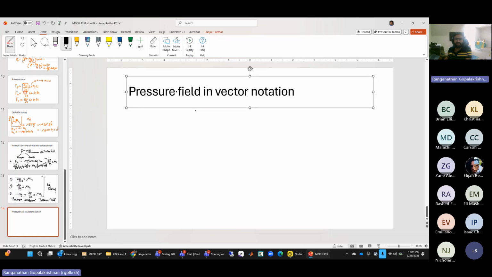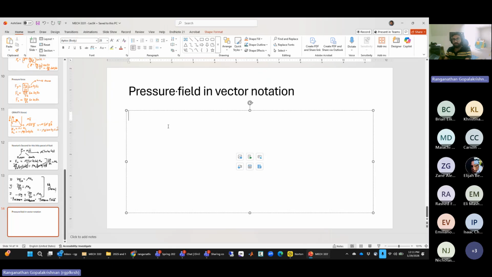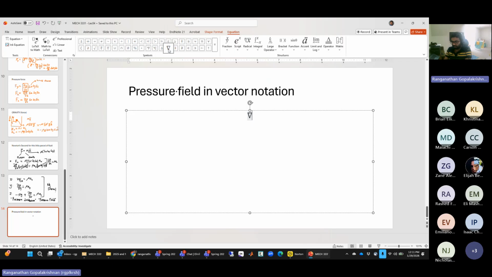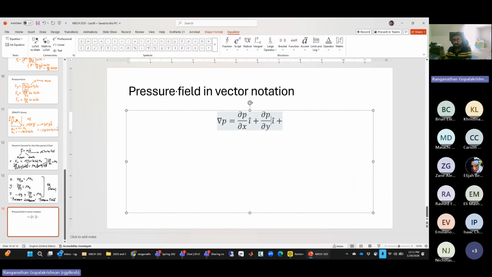I can write the operator called gradient of P, defined as the partial derivative of P with respect to x along the i direction, plus the derivative with respect to y in the j direction, which is the unit vector for the y direction, plus the derivative of P with respect to z along the k direction.